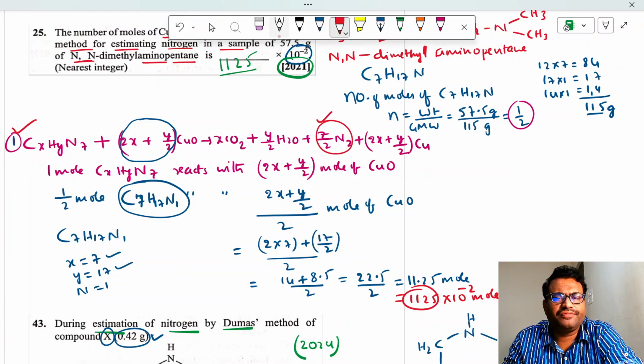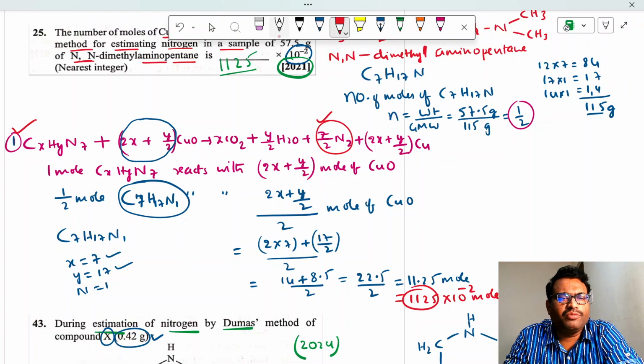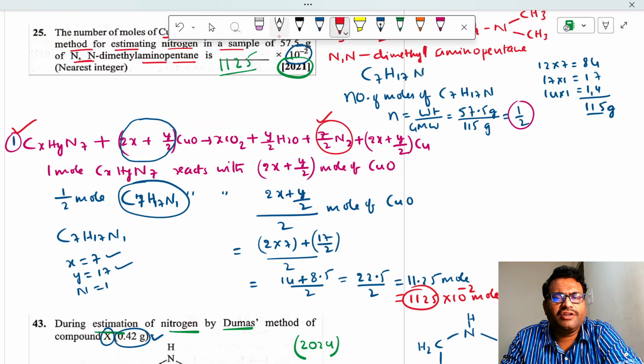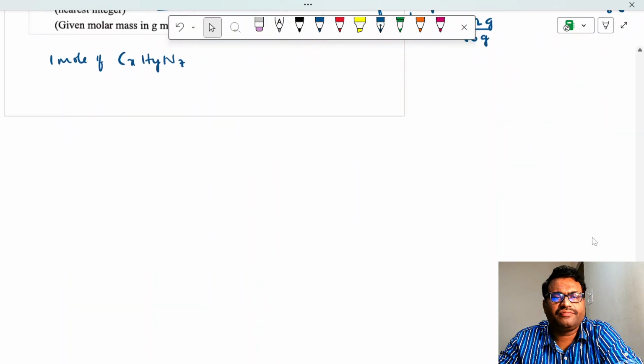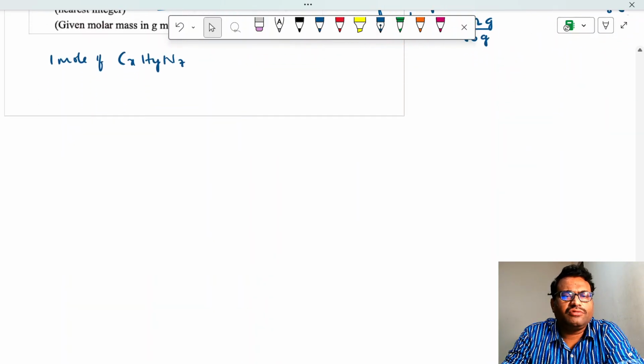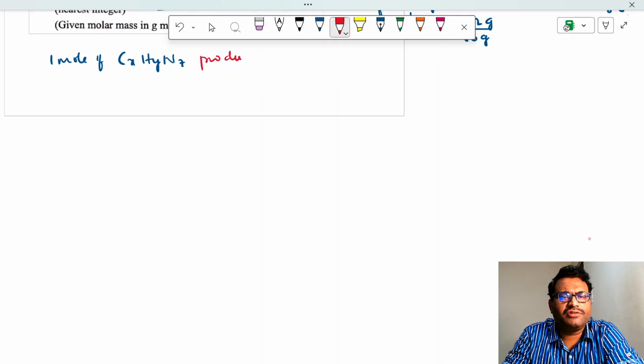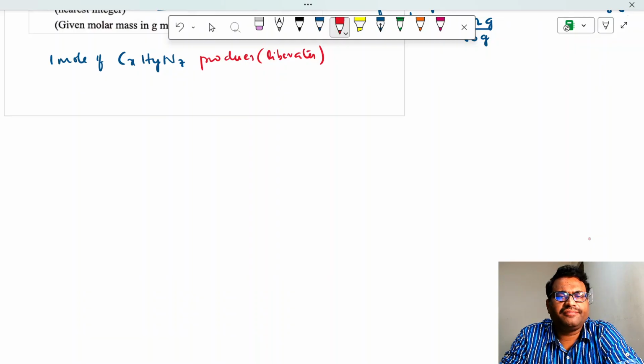Z by 2. 1 mole of organic compound is producing Z by 2 moles of N2, right? So now I can write that it produces or liberates Z by 2 mole of nitrogen.